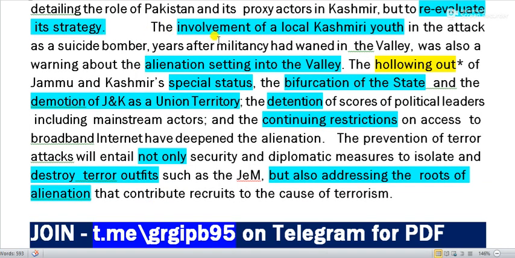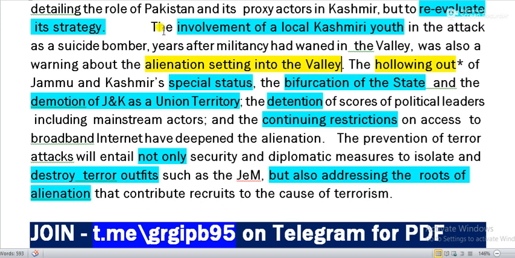The involvement of a local Kashmiri youth in the attack as a suicide bomber, years after militancy had waned in the valley, was also a warning about the alienation setting into the valley. Now, what is this alienation setting into the valley? This carries a special meaning.